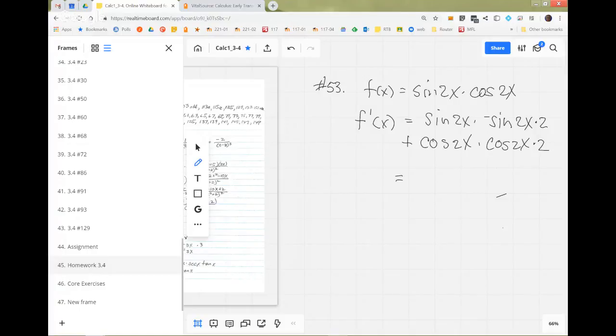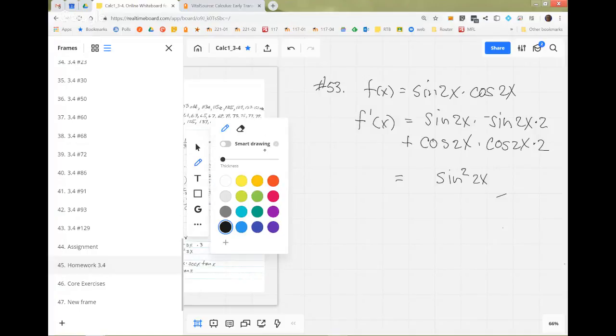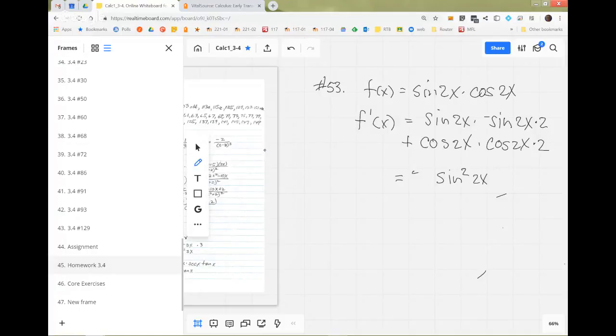In the beginning, we've got a negative sine squared of 2x times 2. So let's put that 2 out in front. And then for the second part, we've got 2 times the cosine squared of 2x.